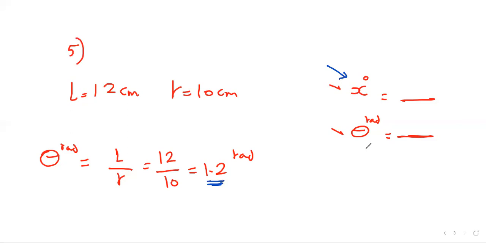Okay. So it will be what? x degrees over 1.2 equals 180 over pi. 1.2 times 180 over pi. So it will be what?